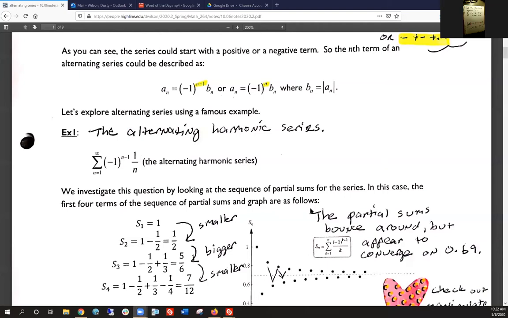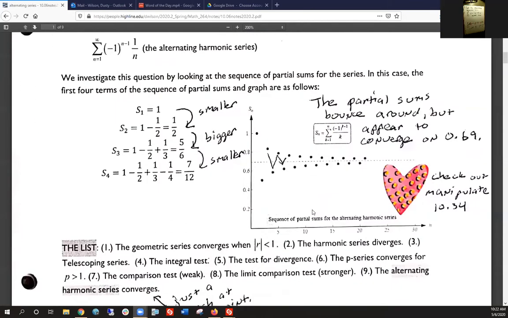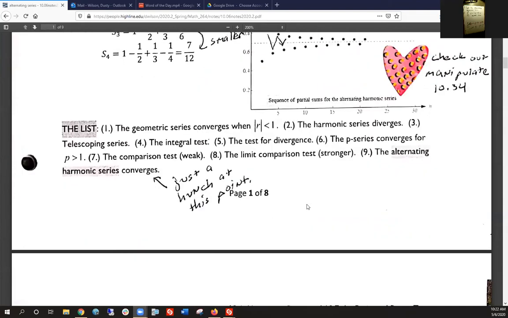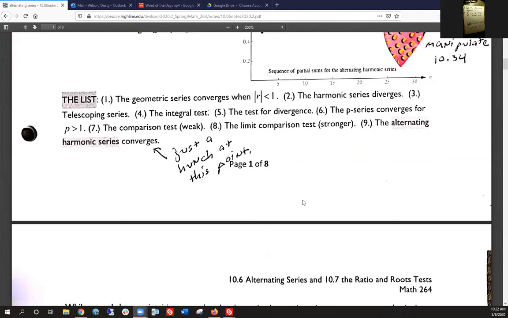All right, so we've made it through our alternating harmonic series. Again, let's look at the list. I think your notes are a little bit different than these, but in mine, remember our list now includes the geometric series, the harmonic series, telescoping series, integral test, test for divergence, p-series, the comparison test, which is kind of weak-ish.